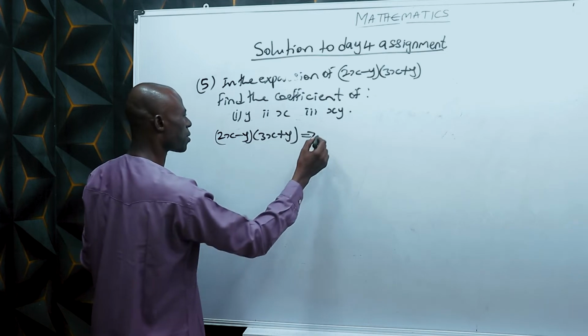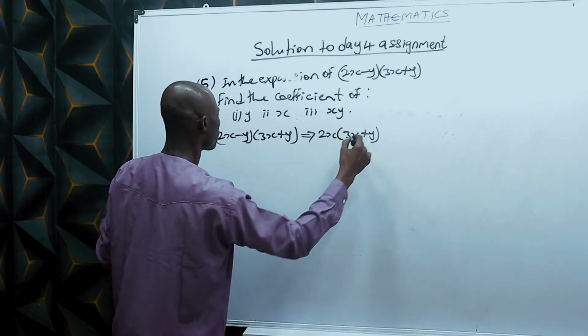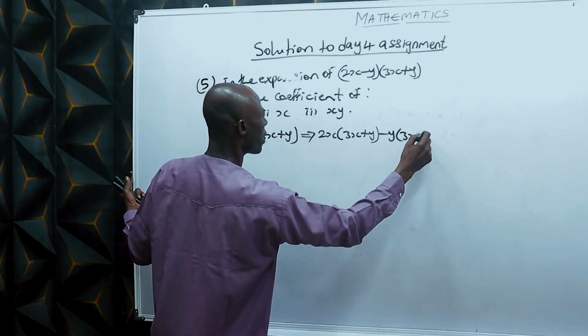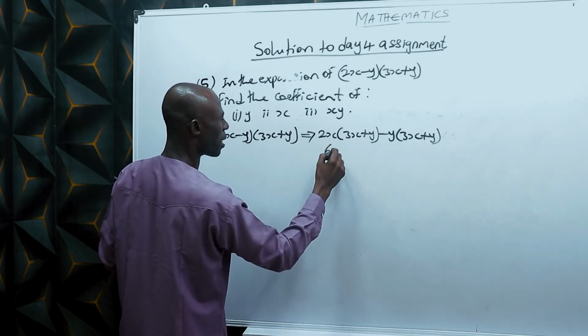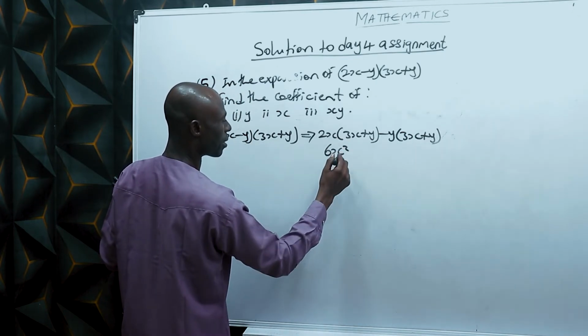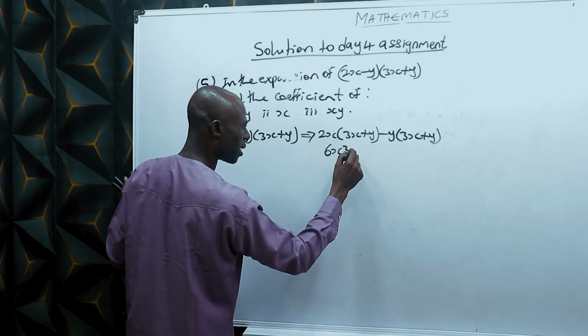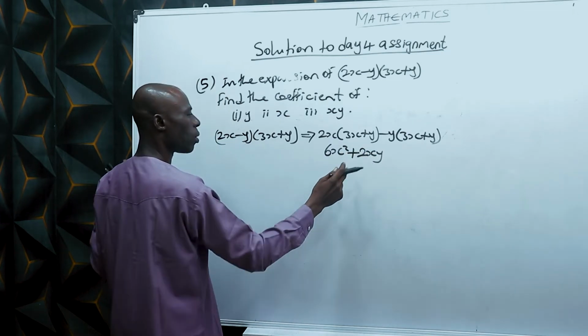The expansion is 2x into (3x plus y) minus y into (3x plus y). Opening this bracket, 2x times 3x is 6x squared. 2x times plus y is plus 2xy. We are done with that.